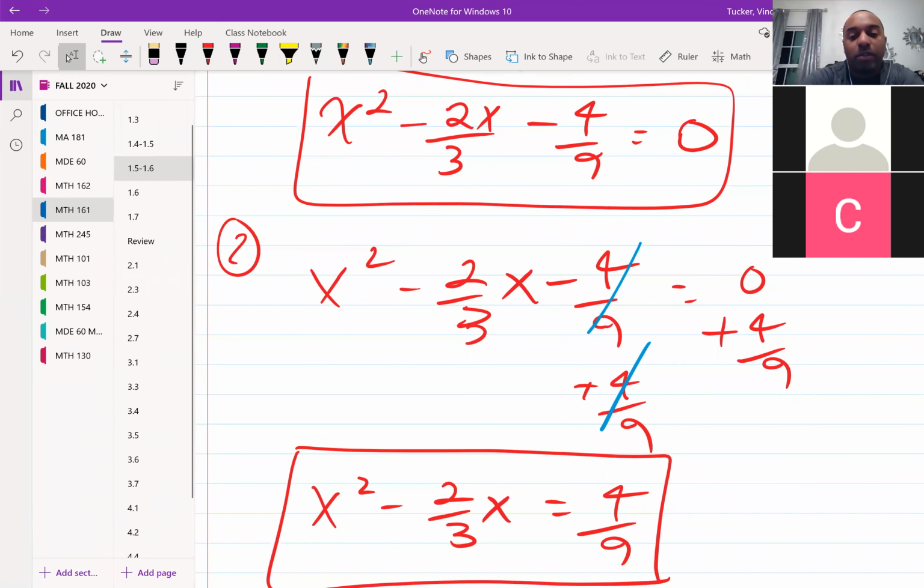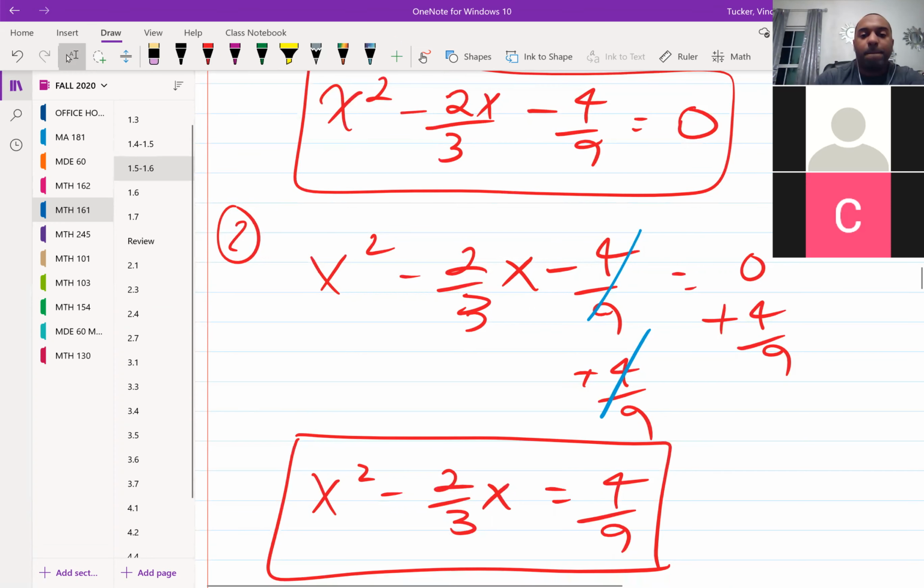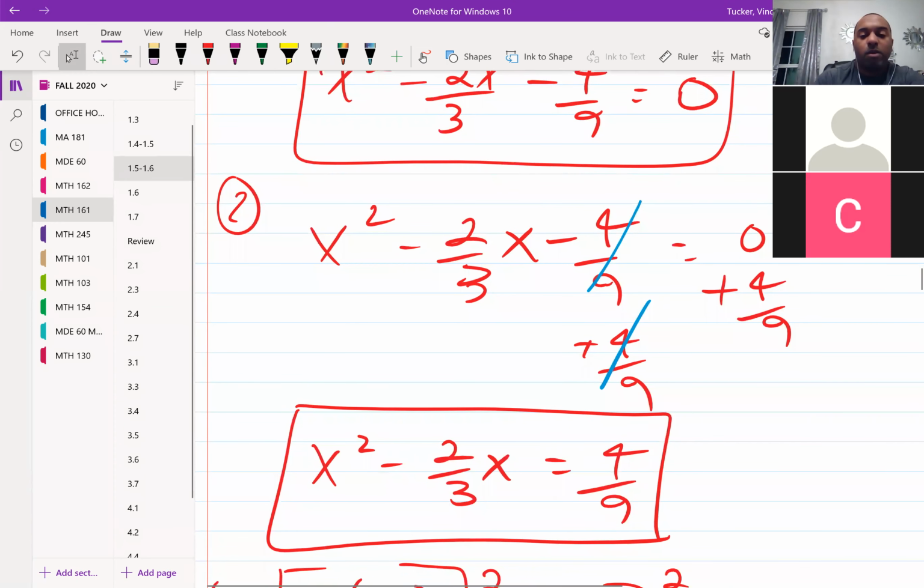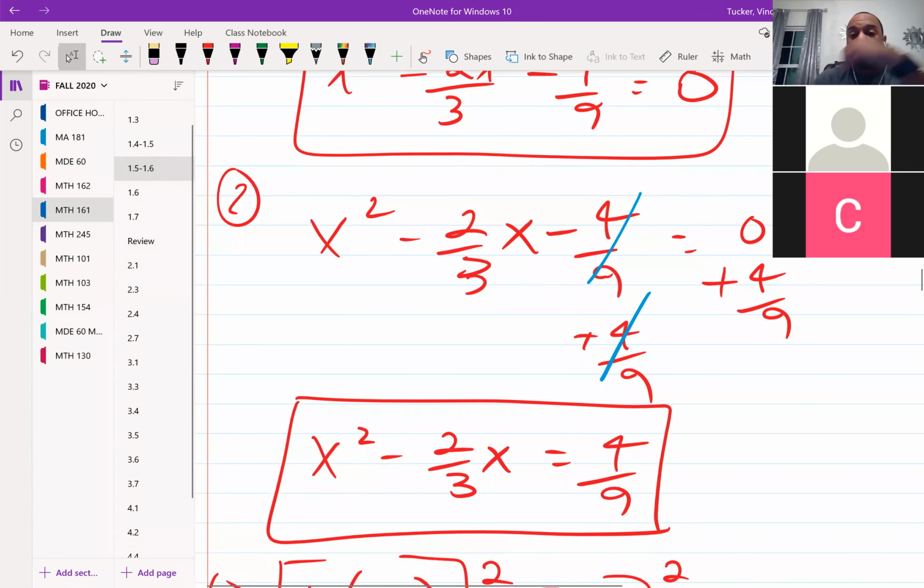That's x squared minus 2/3 x equals 4/9. Any problems? Any problems?